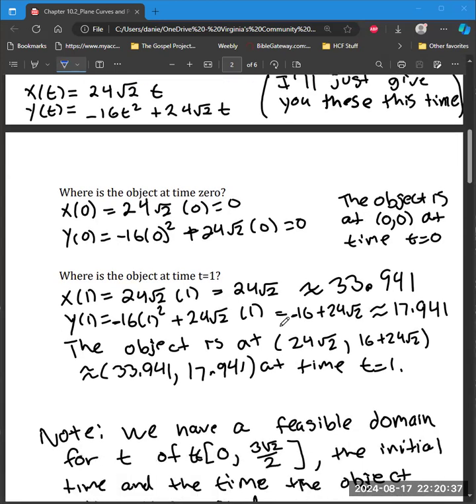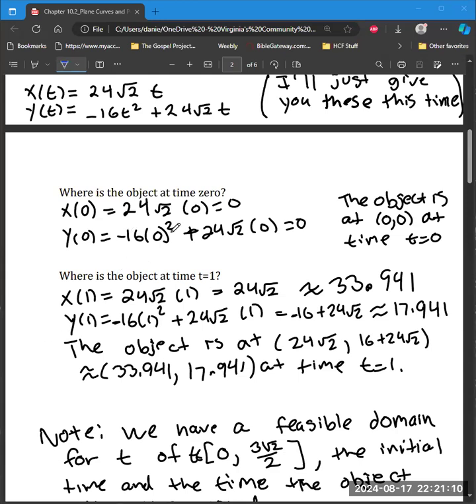So where is the object at time 1? So x of 1 is going to be 24 root 2 times t, which is 24 root 2. And then if we approximate that with our calculator, 24 times the square root of 2 is 33.941.